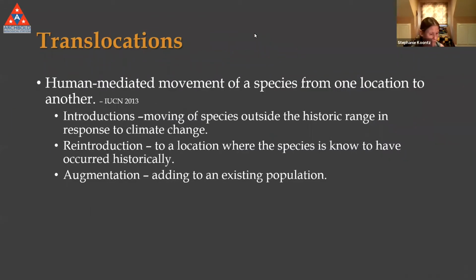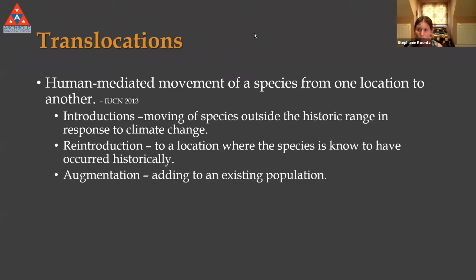So before I go any further today, I wanted to review a couple of definitions that I'm going to use frequently throughout this talk. We define translocations here as a human-mediated movement of a species from one location to another. These can include introductions, which move a species to a previously unoccupied site.